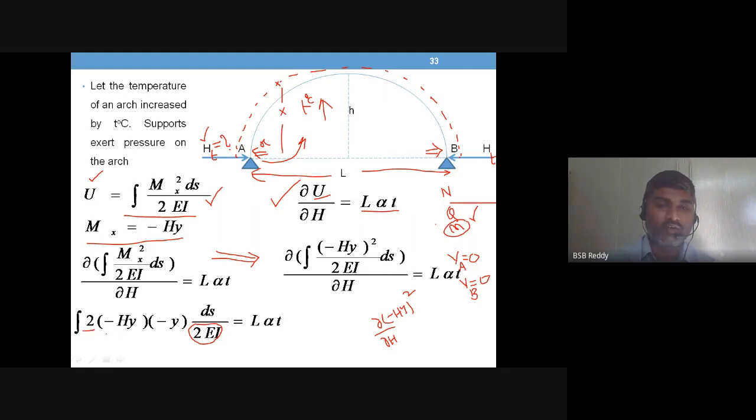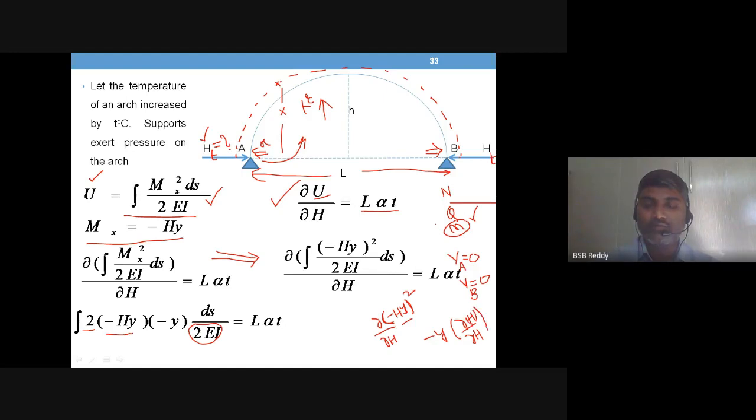That is what is written here. And dou by dou H of minus H y inside the braces, the differentiation for this term, is like dou by dou x of minus some y into x. Right? So H is the variable now, so the others will be constant. So what will it be? Minus y into dou by dou H of H.